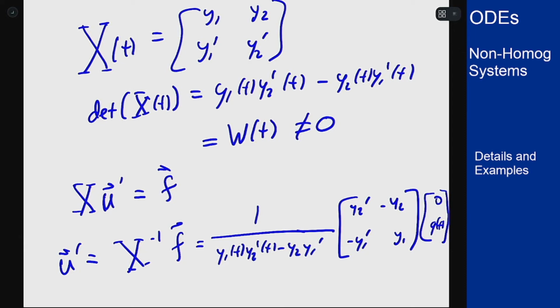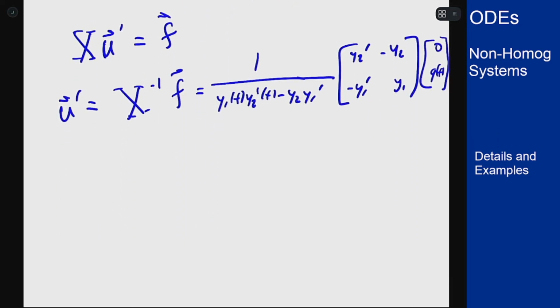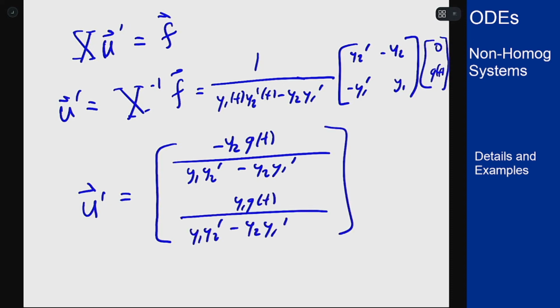Now we can work out this product and get that the vector u' should be negative y2 times g(t) divided by the Wronskian, or the determinant, and the second component is going to be y1 times g(t) over the same denominator. Then to define u1 and u2, I would integrate these and multiply them by y1 and y2 respectively.